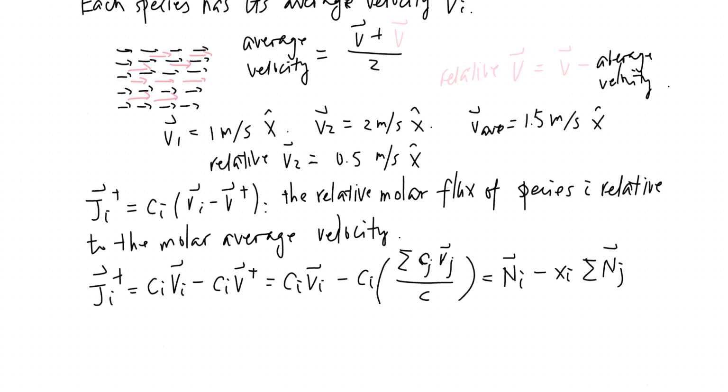So this new formula also underscores a fundamental point. The relative flux, the flux of a species, depends on how its individual transport compares to the average transport of all species. So this is again the relative flux.